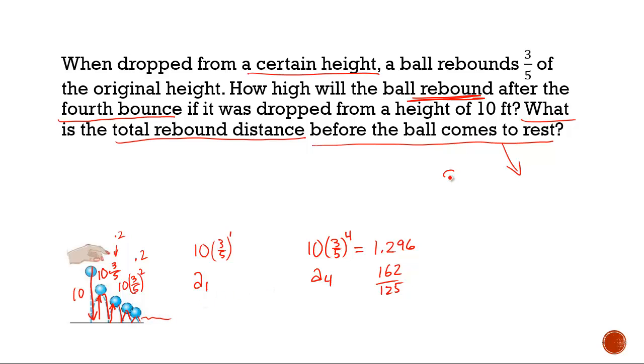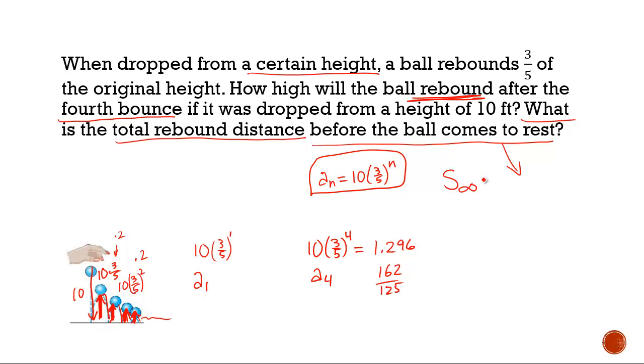So if we find the infinite sum of this sequence that is described by an being 10 times 3/5 to the power of n. Now if we look at all the rebounds, that's going to be given by the formula an is 10 times 3/5 to the power of n.